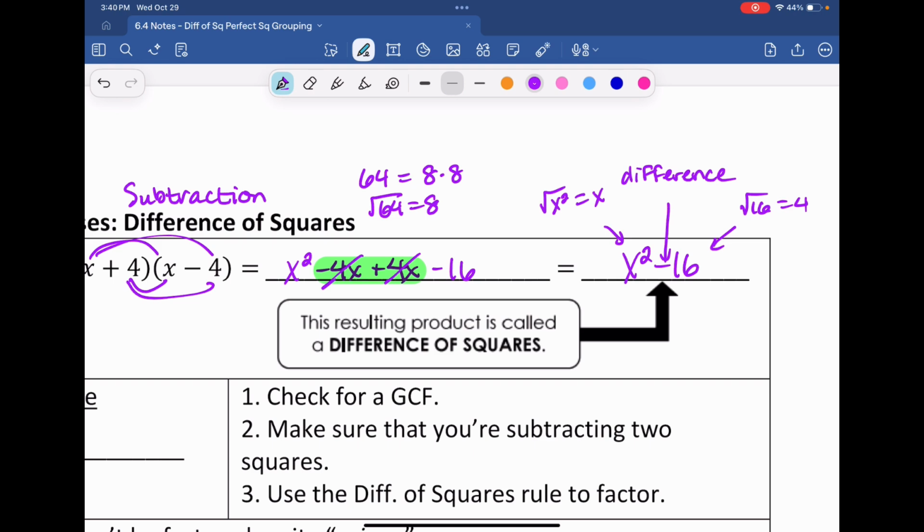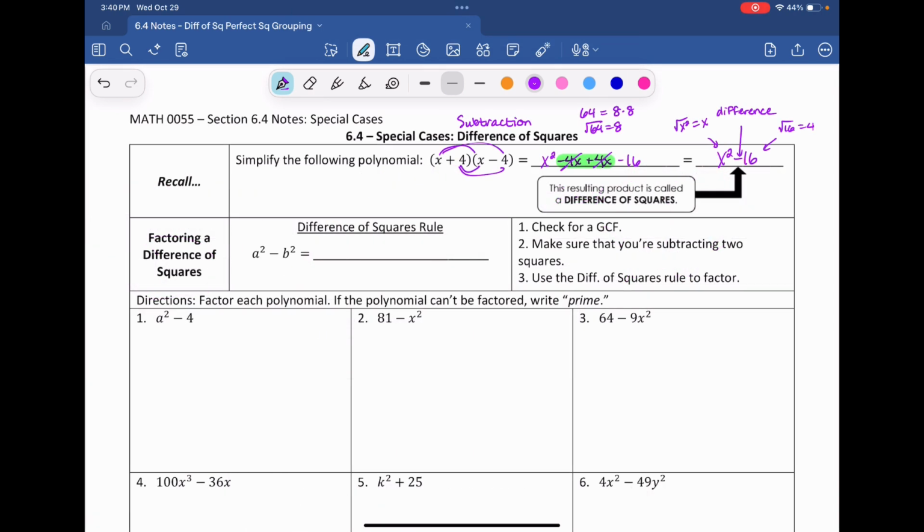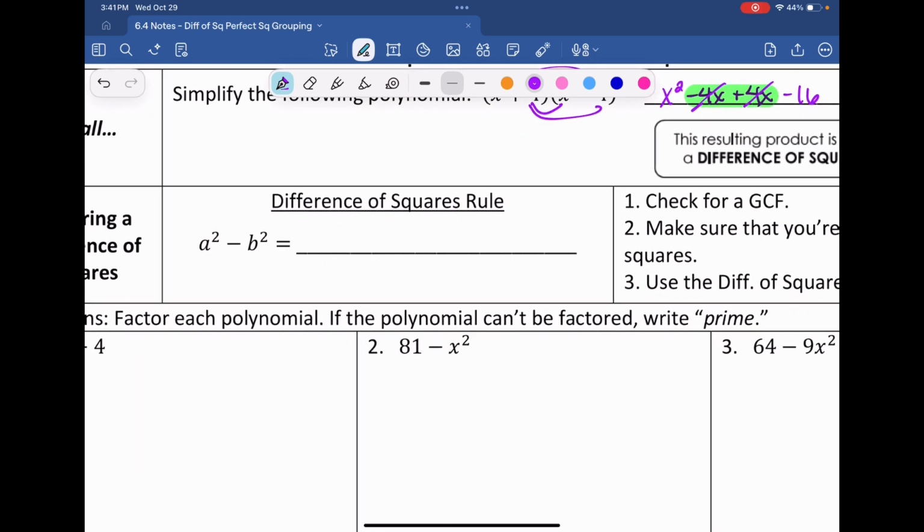So literally a difference of two squares. You always want to check for a GCF before you do anything, but the general pattern of difference of squares is where you get your conjugates. Take the square root of a squared, which is a, square root of b squared, which is b. You add them, subtract them.